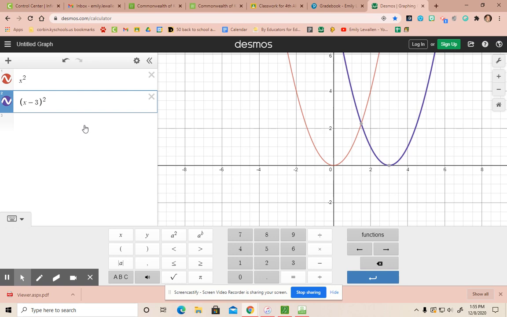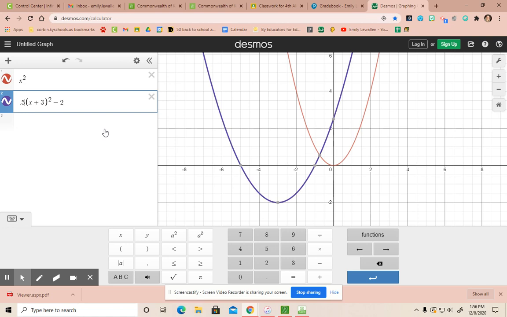If we add a number on the outside, let's make it smaller. On the outside, that number moves it up or down. If it's positive, it's up. If it's negative, it's down. We can add a plus on the inside. So plus 3 moves it to the left 3. We can throw a number out front. We can say 0.5 so that you can see the difference.